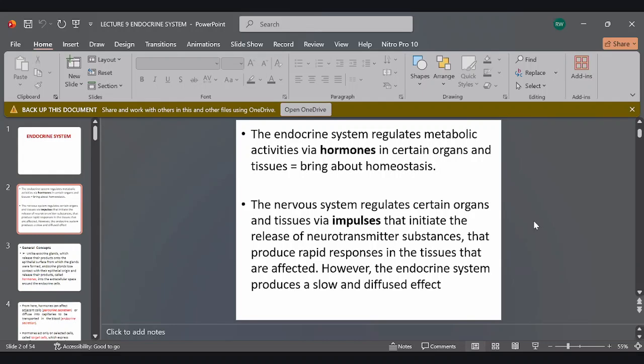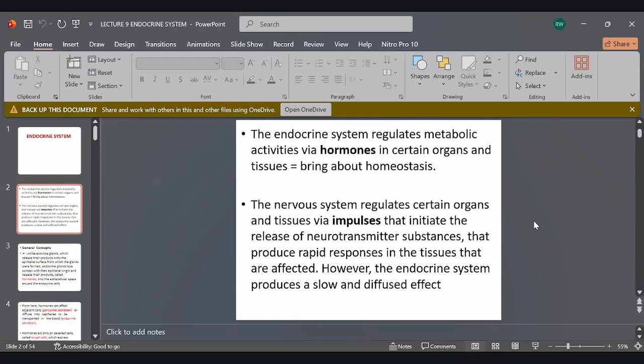We have the ovaries and the testes, which are the reproductive organs. Then lastly, we have the placenta during pregnancy. So those are some of the endocrine organs that we have in our body. We are going to discuss these endocrine organs.